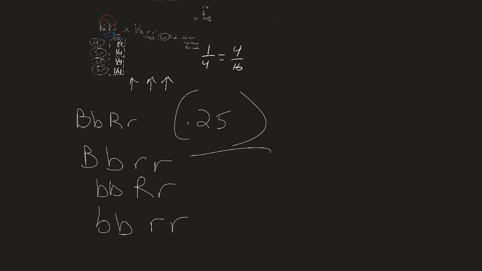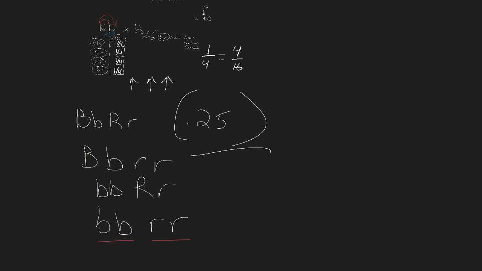But now if I asked you, what are the odds of getting, what are the phenotypes here? What are the traits? What's little b get me? White. And what's little r? Rough, I think. Wrinkled. Smooth? Okay. And the big R is wrinkled. All right. So little r is smooth.